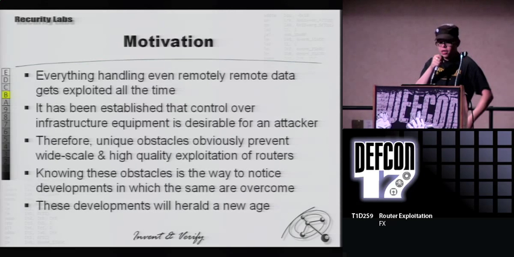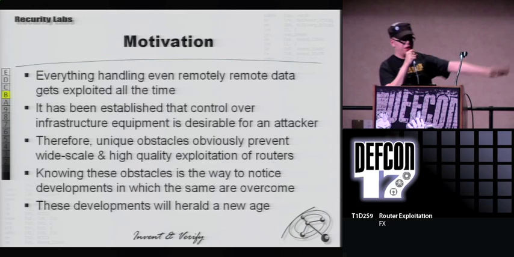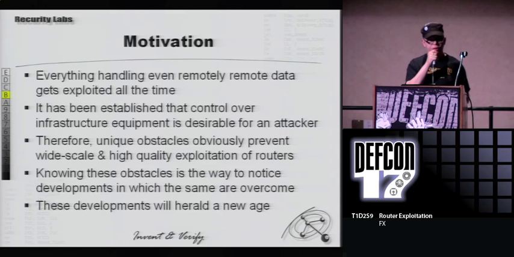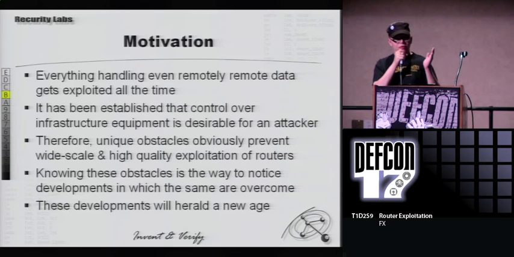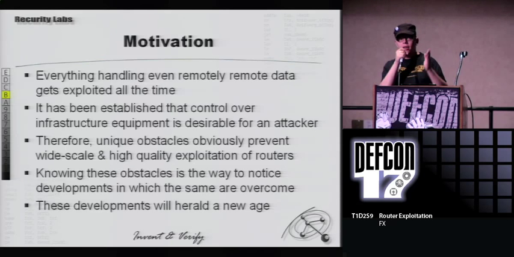Here's the motivation. Everything that even remotely has anything to do with data that you can send other people is getting exploited. Why is it not that infrastructure gets exploited? I mean, it's obvious that control over the entire infrastructure of someone you don't like is good.